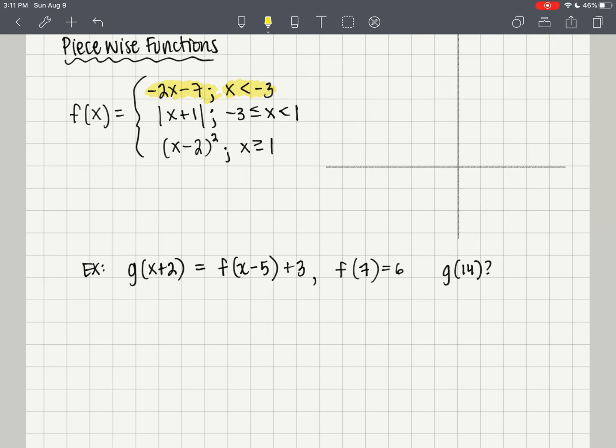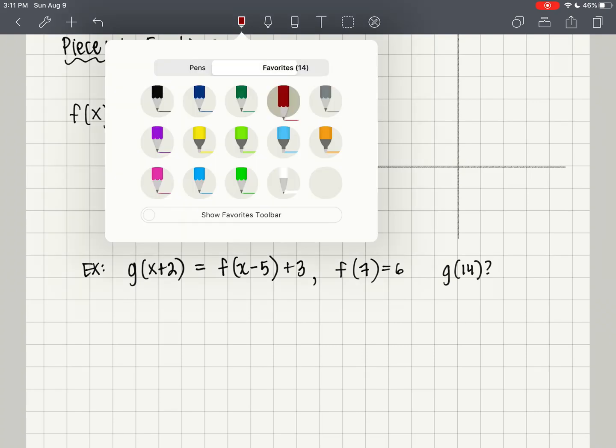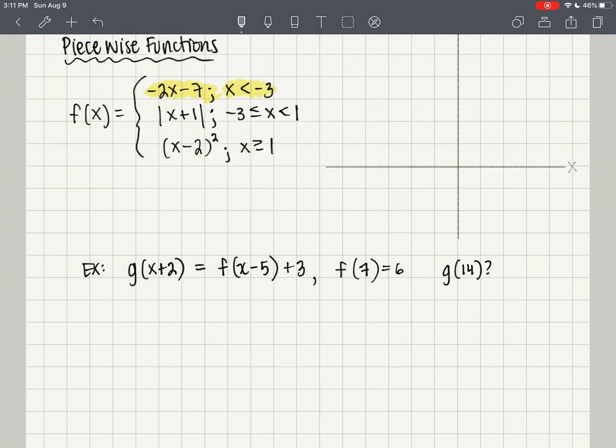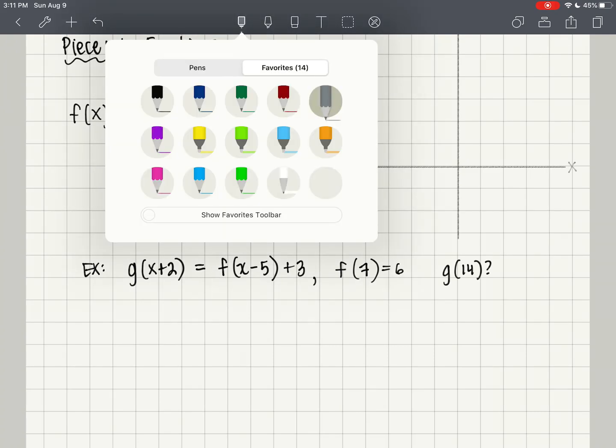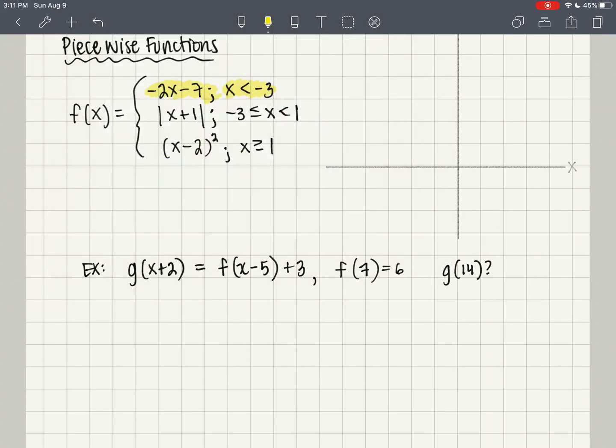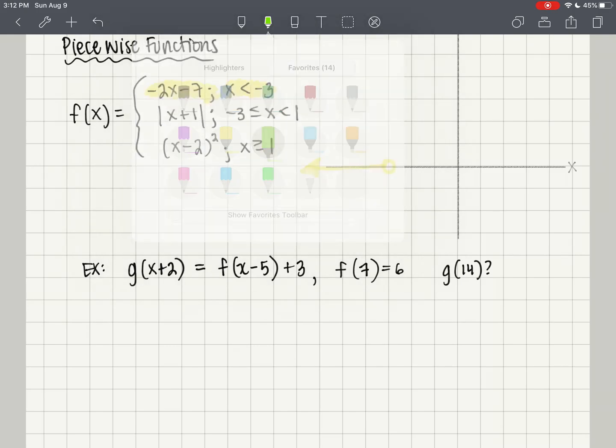So off on my x-axis here, let's write down the x-axis right here. On the x-axis, when x is less than negative 3, 1, 2, 3. So when it's negative 3, but not including negative 3, but everything less than negative 3, we're going to be talking about a linear function, negative 2x minus 7.